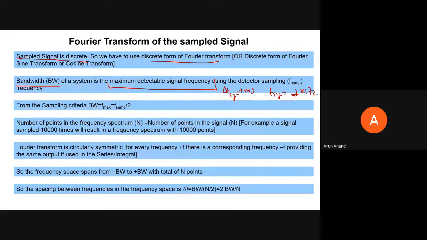Now, even if your signal frequency is 1 kilohertz, if your F sample is equal to 1 kilohertz, then your maximum detectable signal frequency is how much? Of course, your signal frequency is 1 kilohertz, but you are using a sampling frequency of 1 kilohertz. Then what is the maximum detectable signal frequency? Tell me.